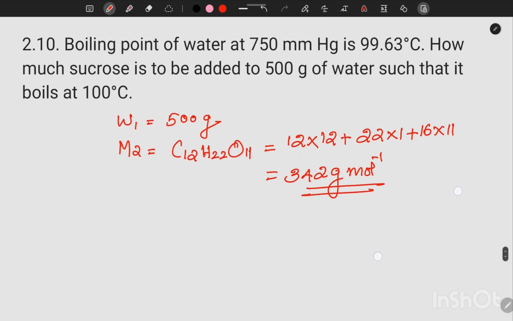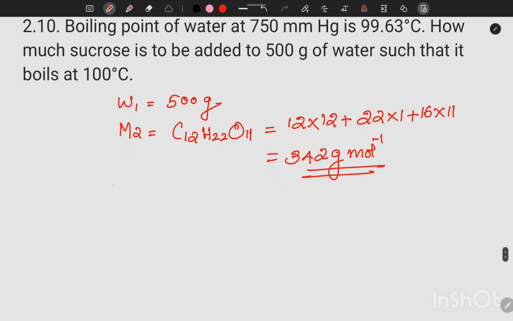Then next elevation of boiling point delta TB is equal to TB minus T0B. That is boiling point of solution minus boiling point of pure solvent. Boiling point of solution is 100 degrees Celsius.